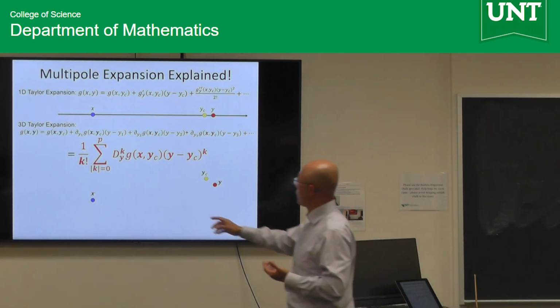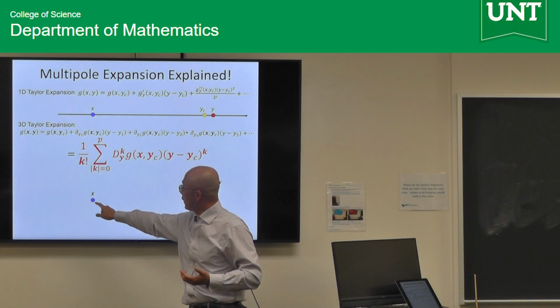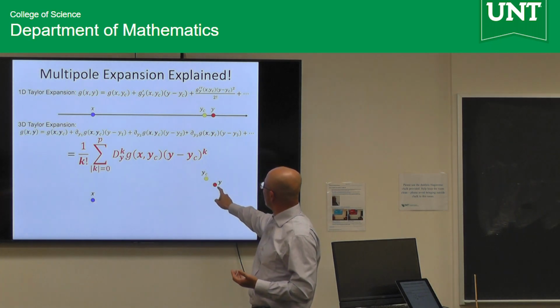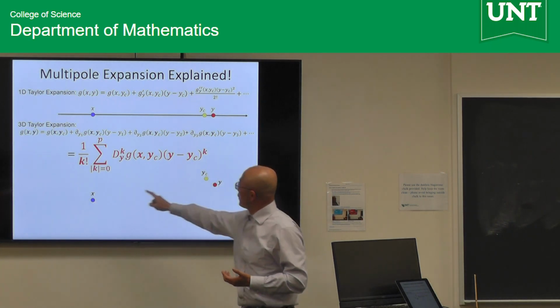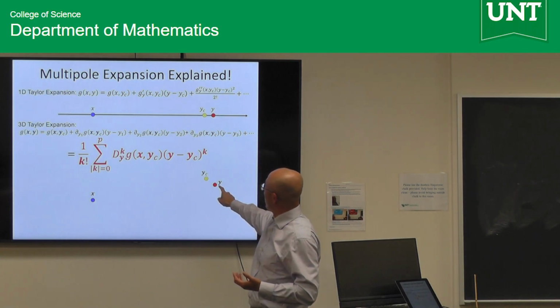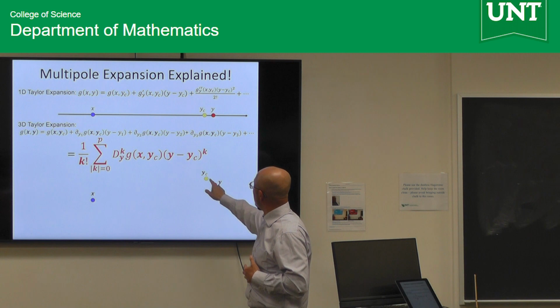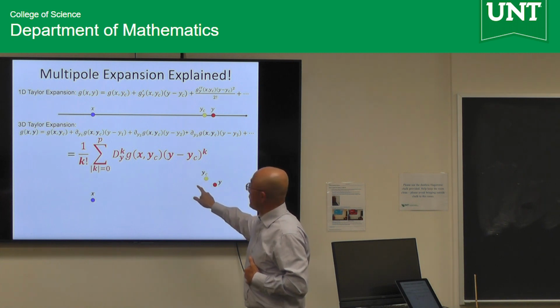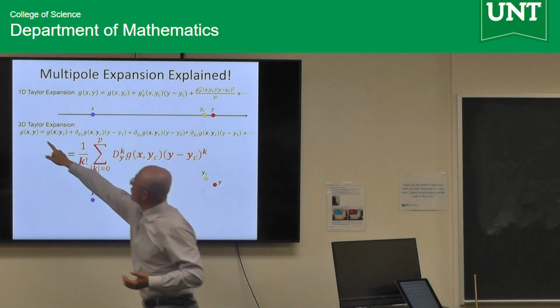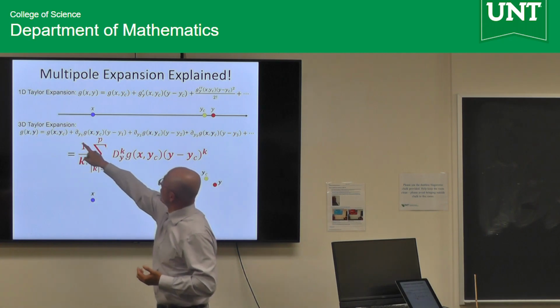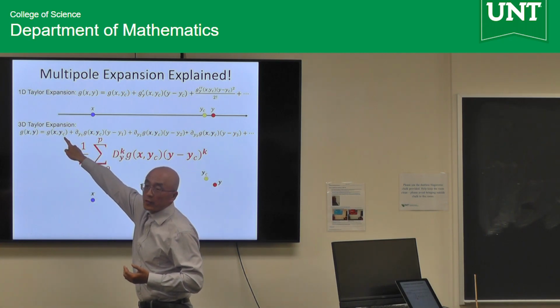So the same thing: you have a target at X, you have the source at Y, and just to highlight, I use bold letters to mean they are three-dimensional. You can also think of Y as a perturbed value from YC, and if you want to get g of X, Y, you can also do the Taylor expansion about YC.